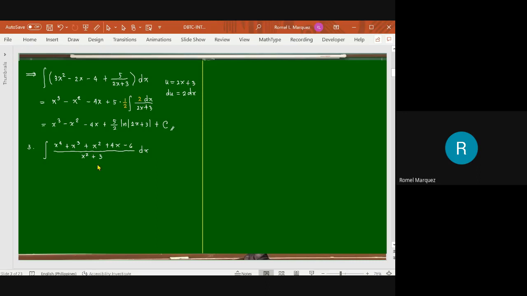So again, this is an improper rational function. No? So let's perform long division first.